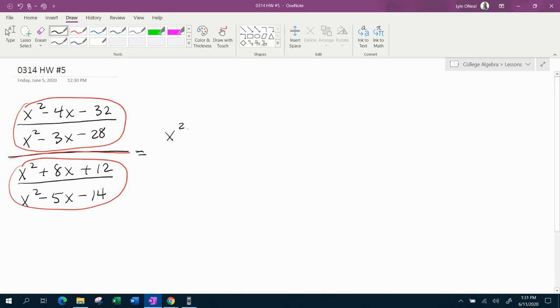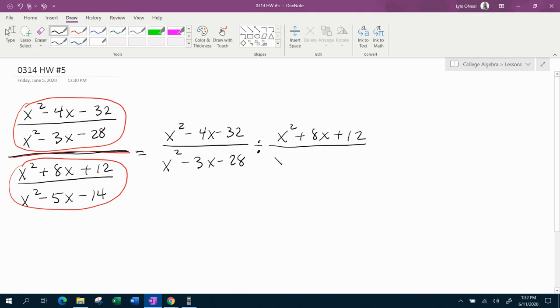I'm going to say the first fraction, again, just recopying the first fraction. And then remember this fraction bar here in the middle, that means divided by, and then I'm going to recopy the other fraction. And again, the hardest part about this whole problem is having to write everything down. It just takes so long to rewrite everything.